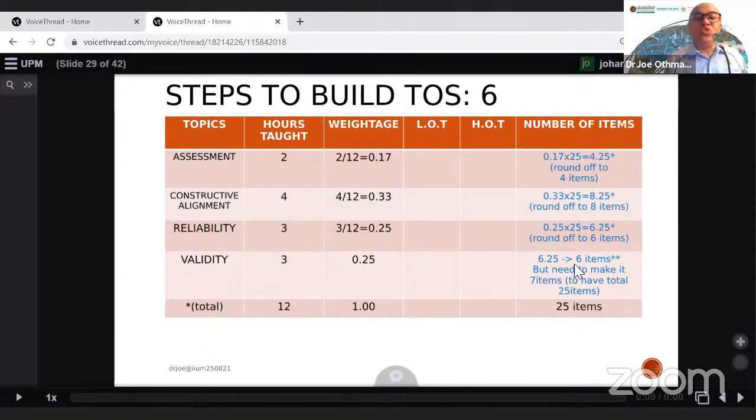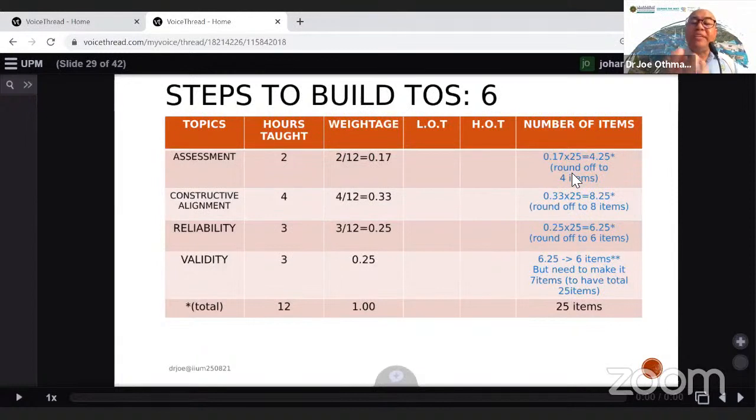I purposely do not round down the last one, so it becomes 7. So 4 plus 8 plus 6 plus 7. Voila, 25. Cool.